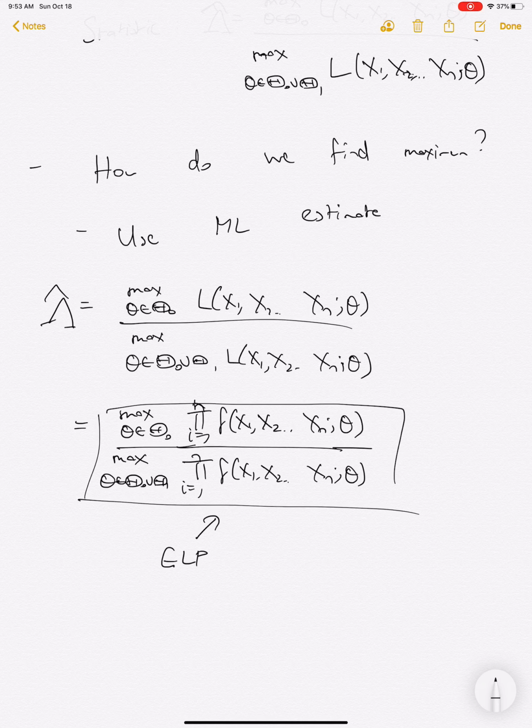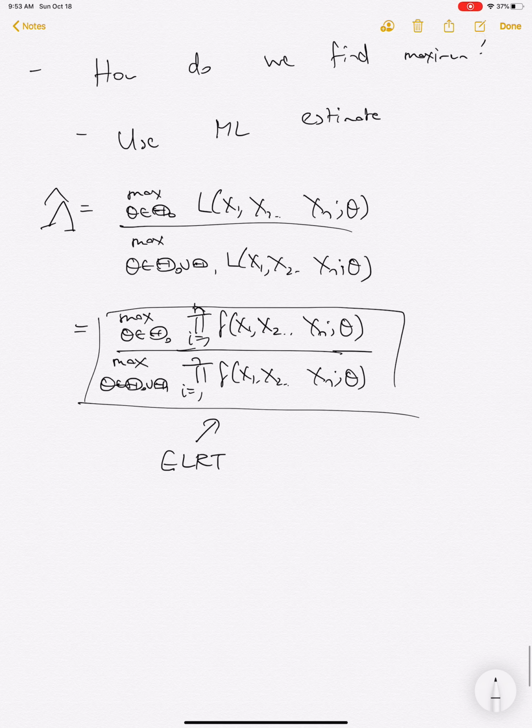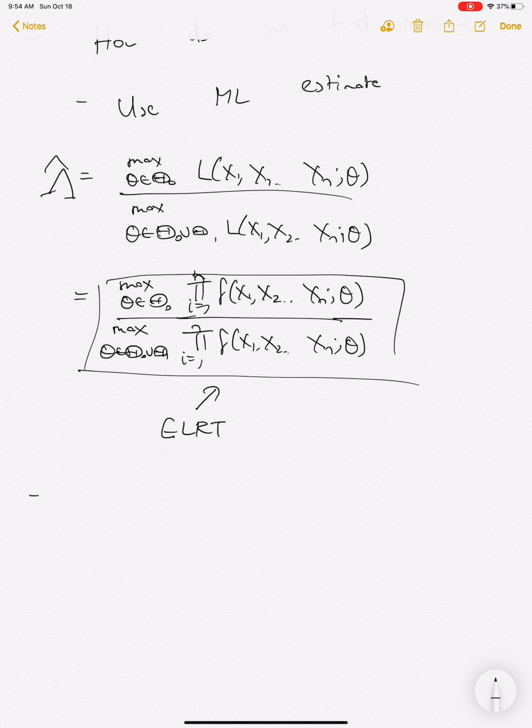So there's kind of two questions that we need to address. Calculating GLRT, and we're going to do most of this in the next lecture. Calculating GLRT is where we use maximum likelihood.